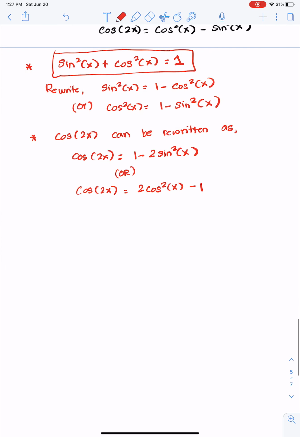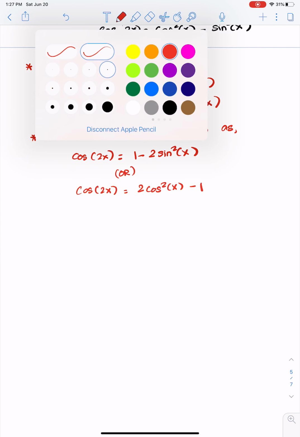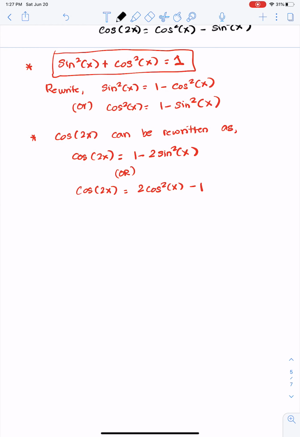So extending the sine squared x plus cosine squared x equals 1 identity, we could come up with other identities involving cotangent and secant and tangent functions. So consider sine squared x plus cosine squared x equal 1.